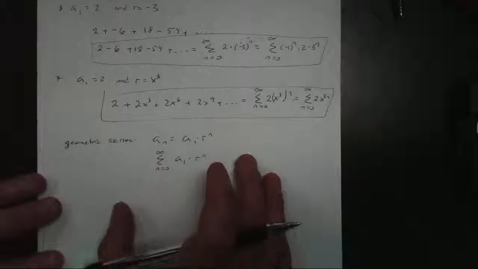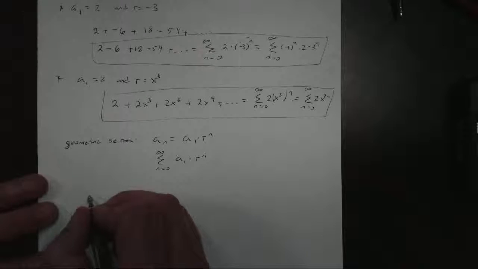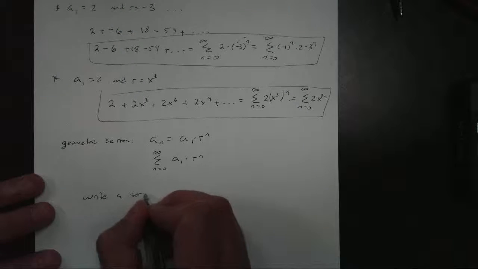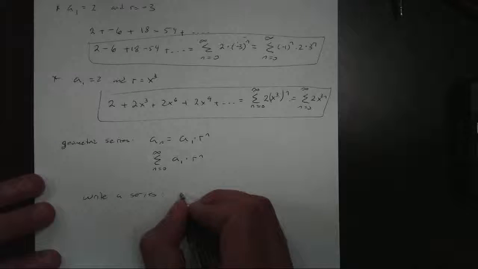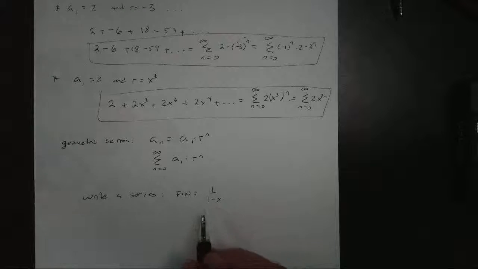Now, what we're going to do today is write a series for the following. F of x equals 1 over 1 minus x. I want to write a series for this.